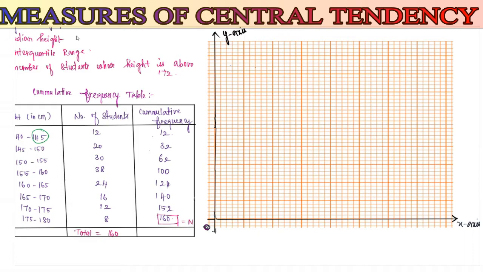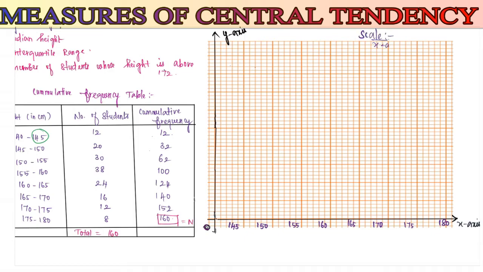The upper limit we have to consider as x-axis: 145, 150, 155, 160, 165, 170, 175, 180.